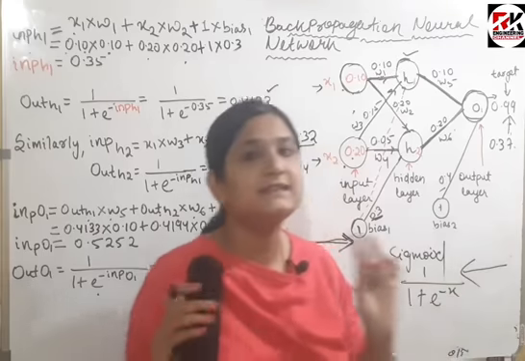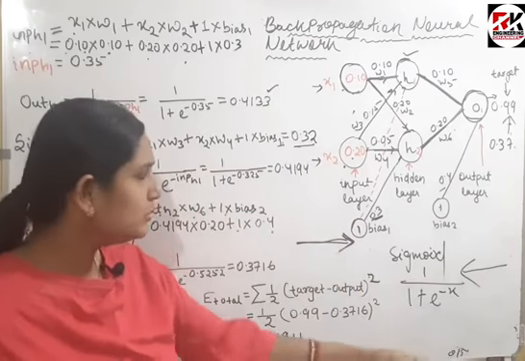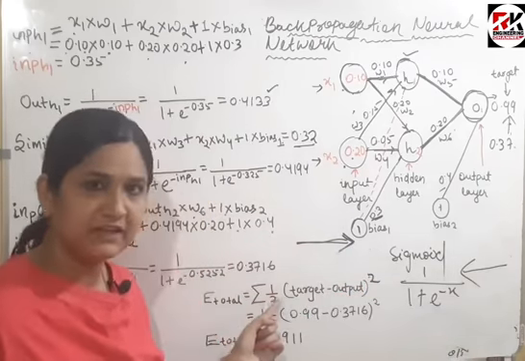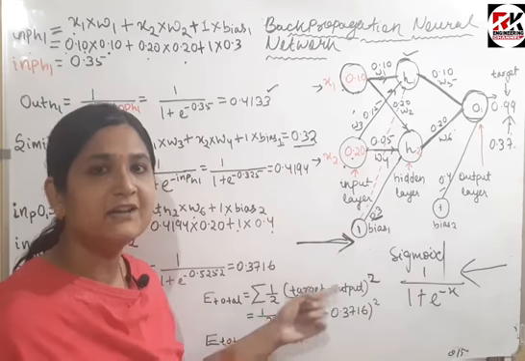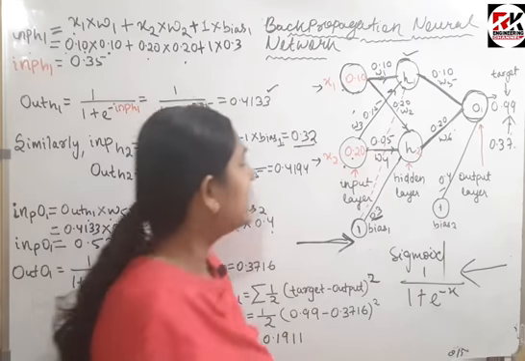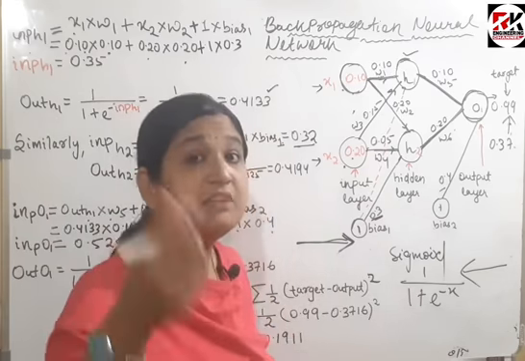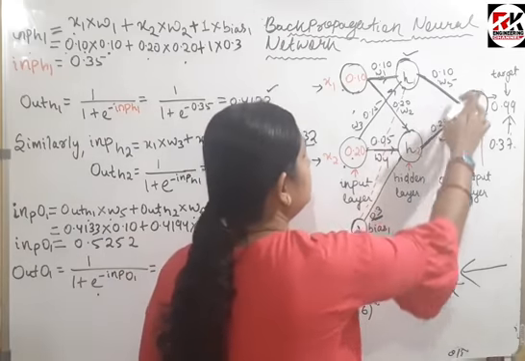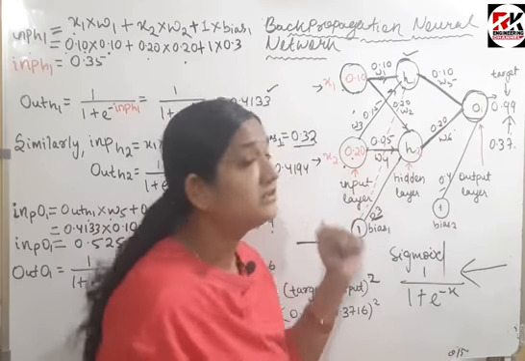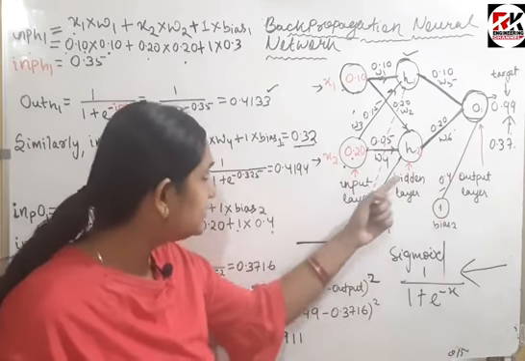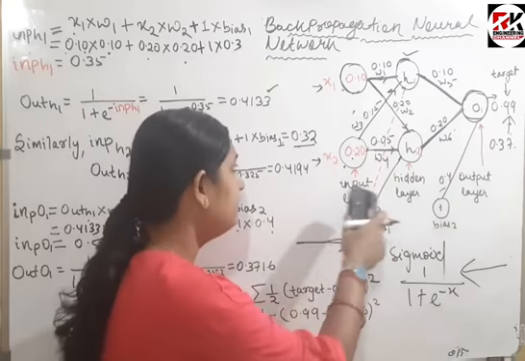This is the only thing I can change. So now I will backtrack my way. I have just moved the forward way. Now I will backpropagate, changing my weight values: W5, W6, W1, W2, W3, W4.